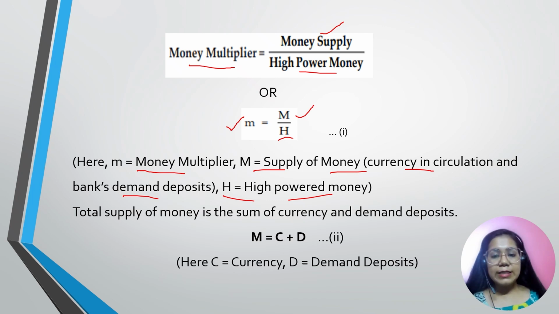Now what is this supply of money? The total supply of money is the sum of the currency and the demand deposits. So I can write it as M is equal to C, the currency, plus D, the demand deposits with the banks.